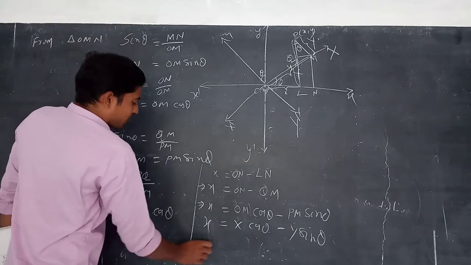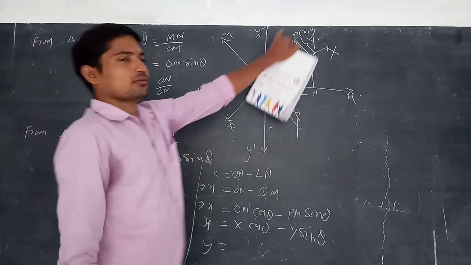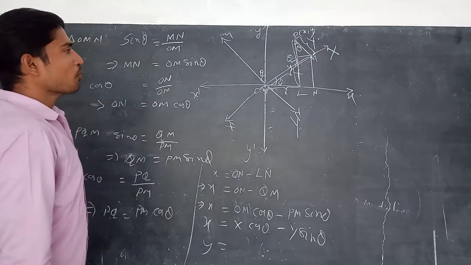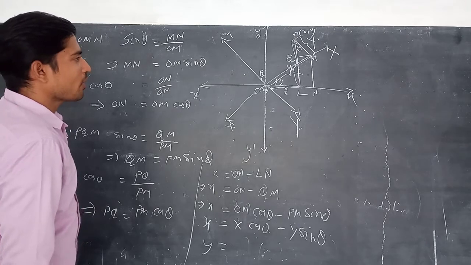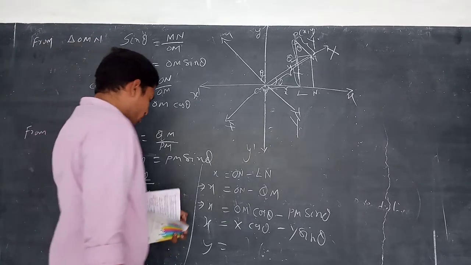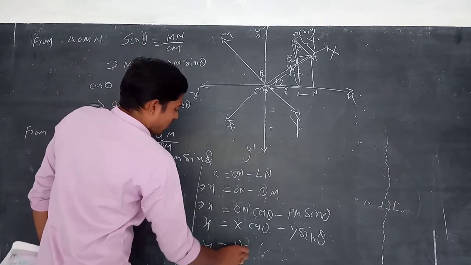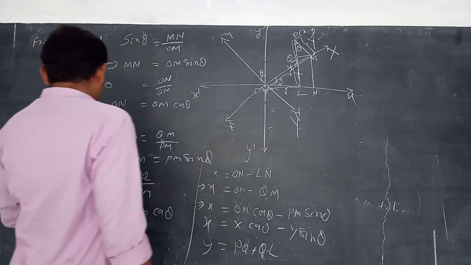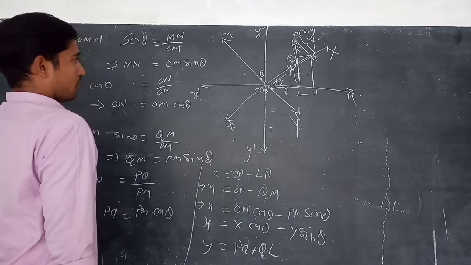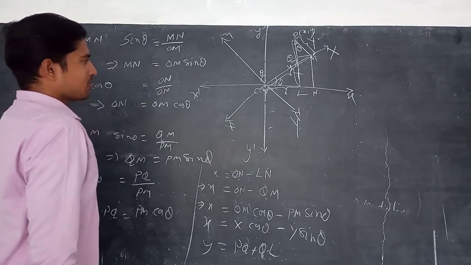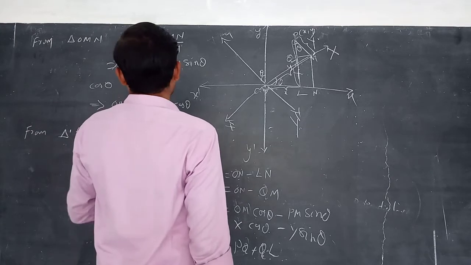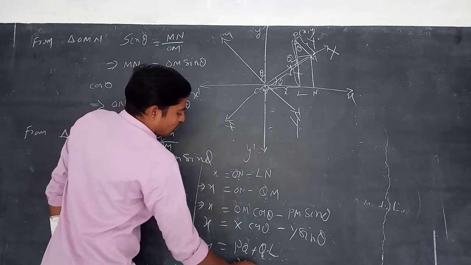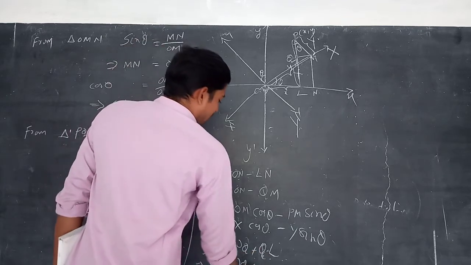Now small y. Small y equals PL. So PL can be written as PQ plus QL. We already have the PQ value, and QL is equal to MN. So y equals PQ plus QL, which is nothing but MN.